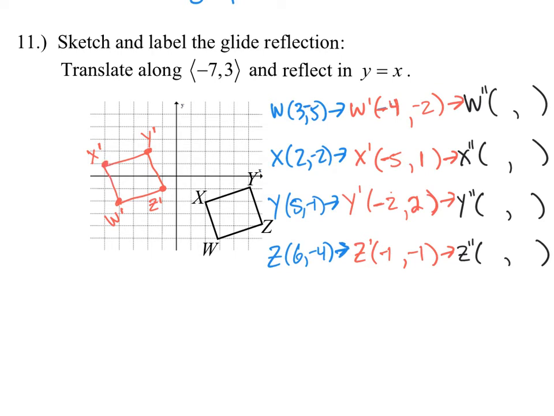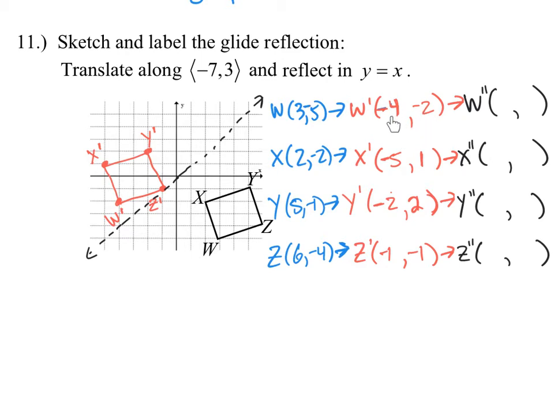All right, so now let's perform the reflection. We're now going to reflect this quadrilateral in the line y equals x. So you'll recall from an earlier example that reflecting in the line y equals x, all we need to do is to take our x and y values and switch them.